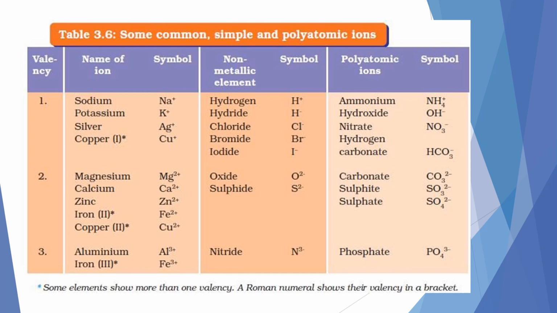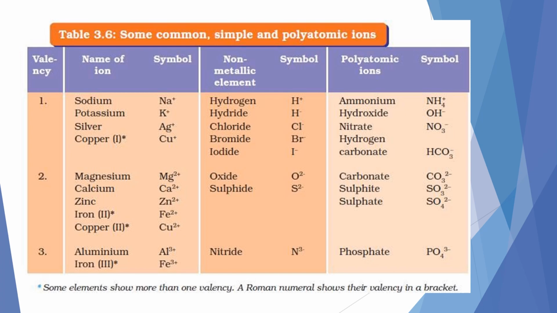Aluminium shows trivalent: Al3 plus. And iron 3 shows Fe3 plus. So iron is divalent as well as trivalent. Sometimes it shows divalency and sometimes trivalency, Fe3 plus.